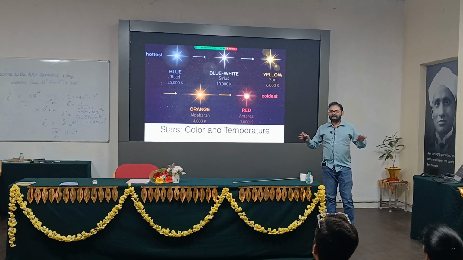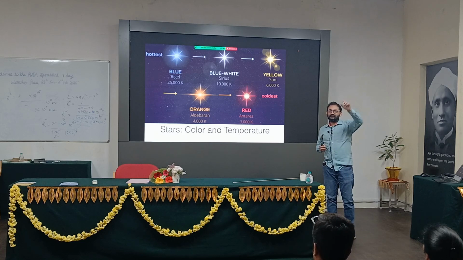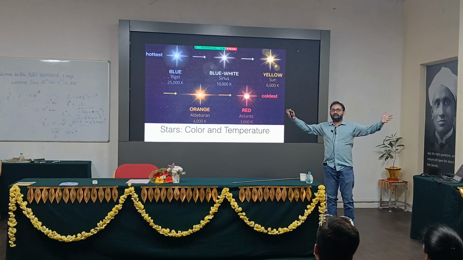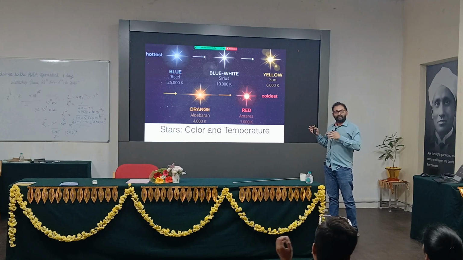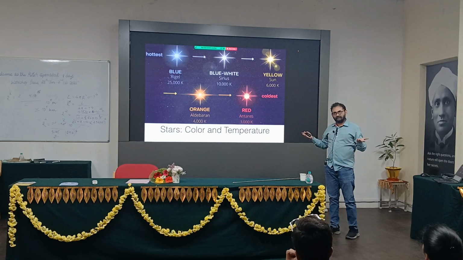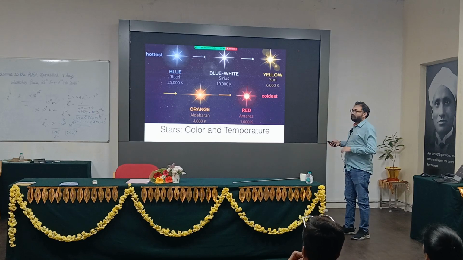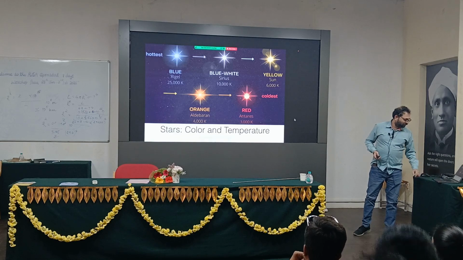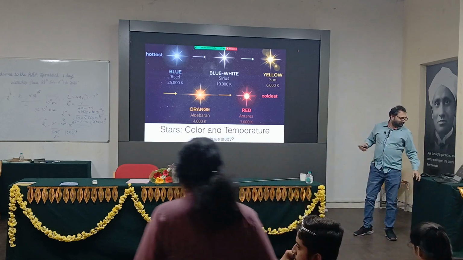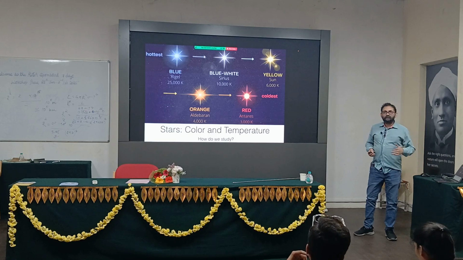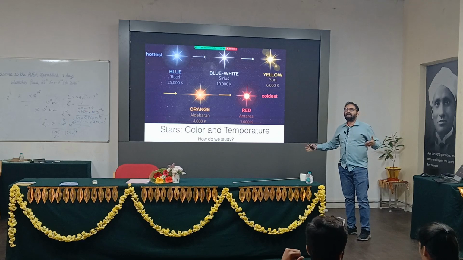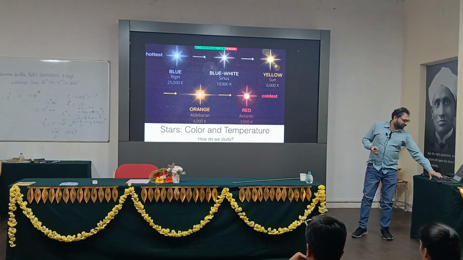Basic physics says that once it peaks at a certain wavelength, we correspond that lambda to a temperature, and then the star has that temperature. That is the first level of understanding the temperature of a star. This is the way we understand color and temperature, and for that you really need the electromagnetic spectrum, that is, how the light is distributed.